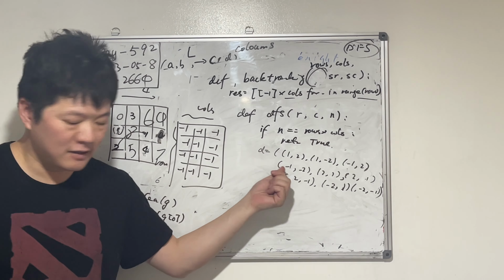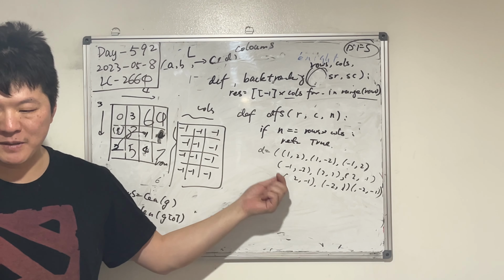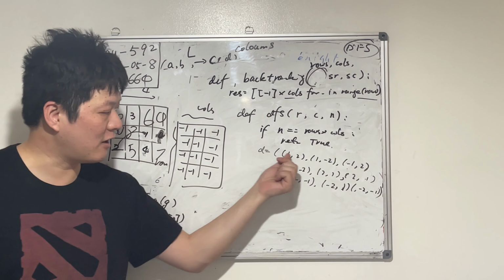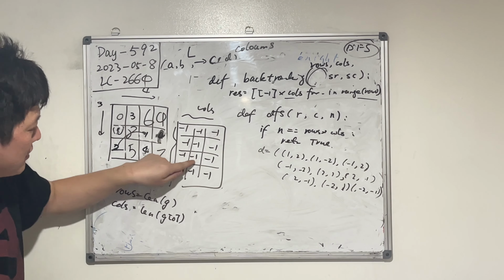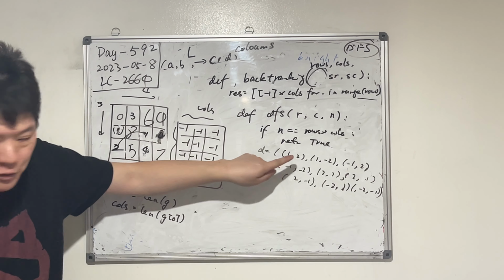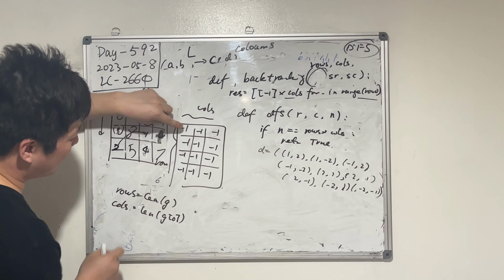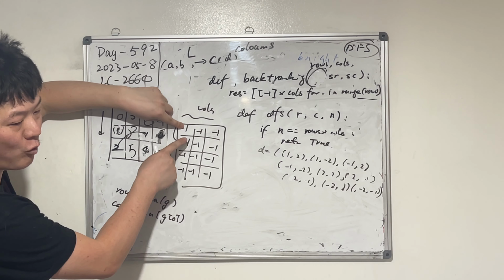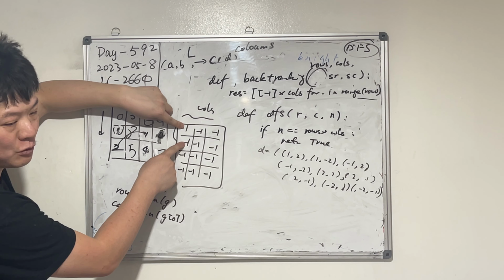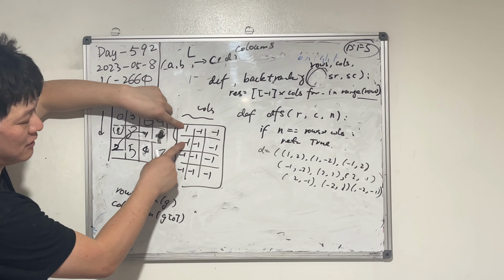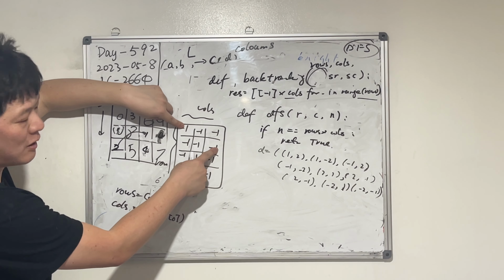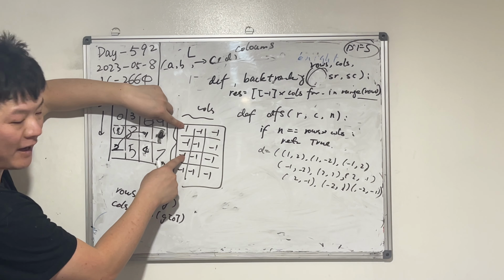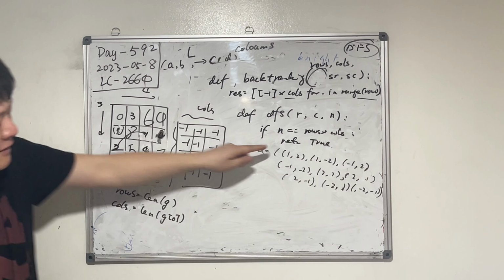So this D is the offset of the next possible positions. We can just add the offsets to the rows and columns, then we get the positions of the next one. For example, 1, 2 means we're adding 1 to the rows, adding 2 to the columns. So it's this one, right? 2, 1 means moving 2 here and then 1 here. You get it? So there are 8.